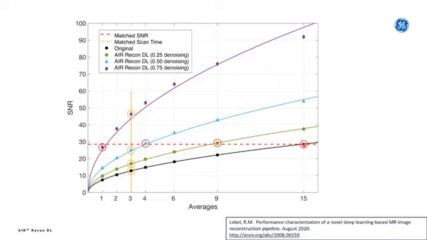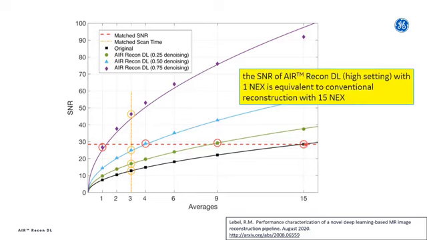With AIR Recon DL applied to the same images with the high setting, that's the purple line, we see that with 1 average, we get nearly the same signal to noise ratio as we did with the conventional image. So a good ballpark is that the signal to noise ratio of AIR Recon DL in that high setting with 1 NEX is equivalent to the conventional reconstruction with 15 NEX. Often we have a difficult time quantifying SNR in clinical images, and so sometimes we will use the number of average equivalents.